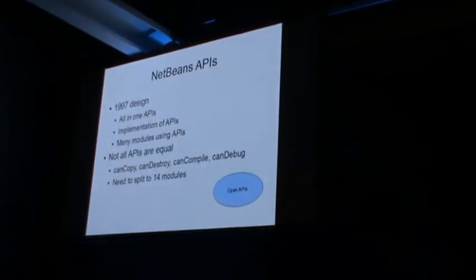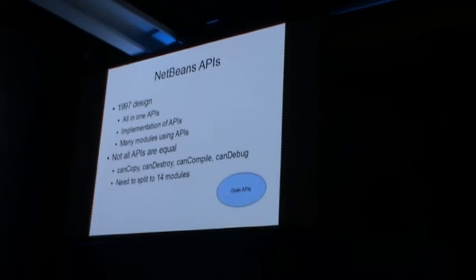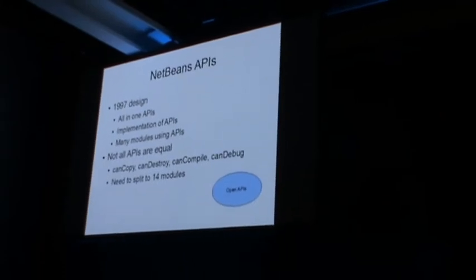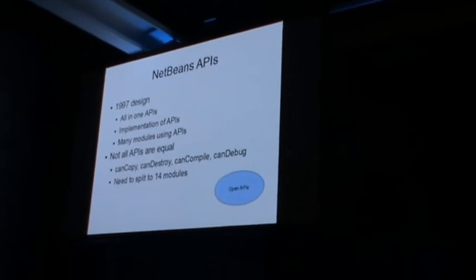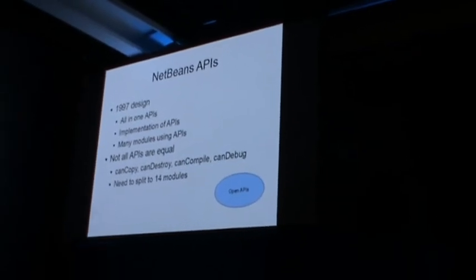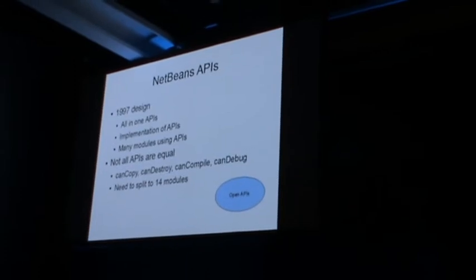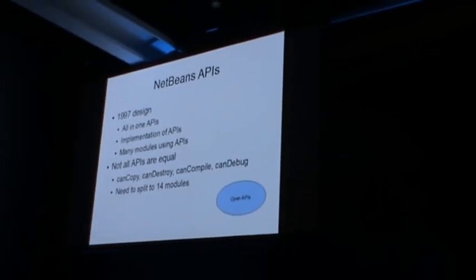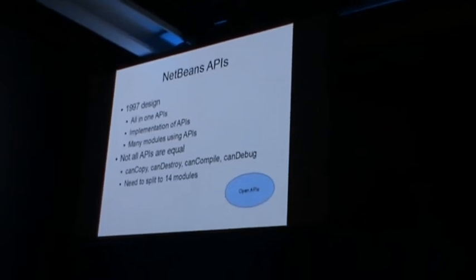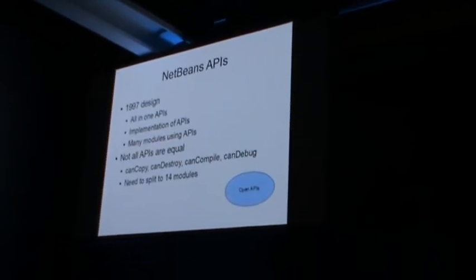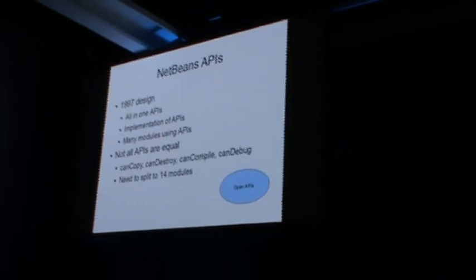What we wanted to achieve is to have one module with all the APIs for accessing the IDE functionality, then another module with the implementation of those APIs, and then many modules using the API and communicating through the API, providing Java support, HTML support, and stuff like that. So we had one huge module with all the APIs.